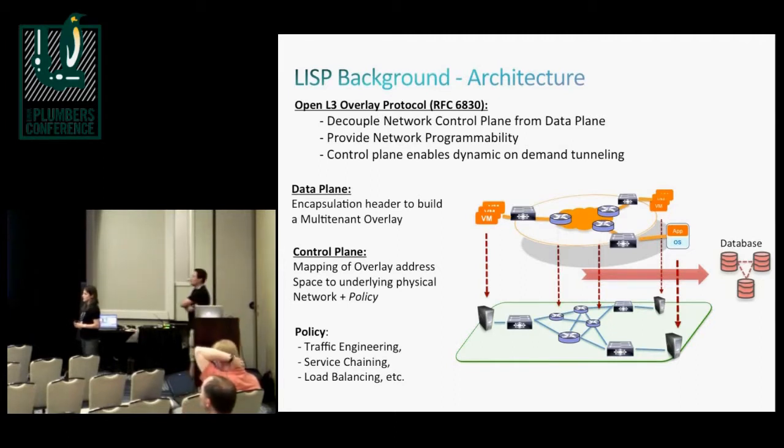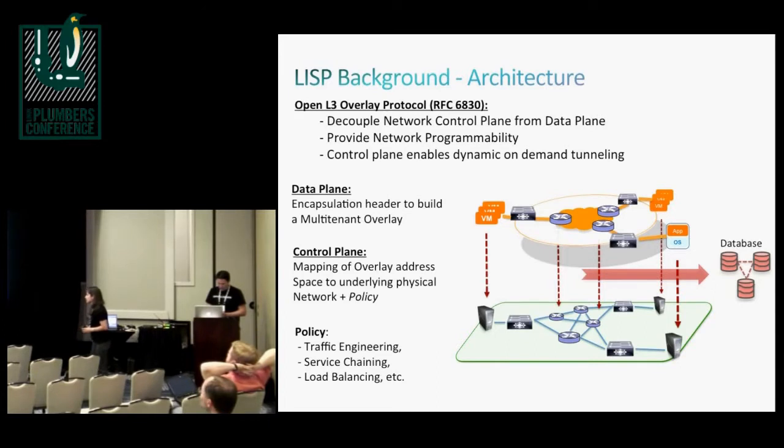It has a control plane that was defined for it, and the control plane is decoupled from the data plane and provides network programmability. One of the main design goals of the control plane was to enable dynamic and on-demand tunneling. The data plane is just an encapsulation header very similar to VXLAN actually, except its original design was for L3 in L3. It supports multi-tenancy.